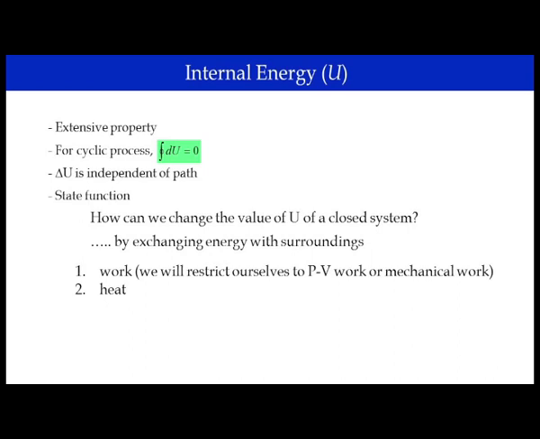Work could be of different types, but in this unit we will be restricting ourselves only to the pressure volume work, which is also called expansion work or mechanical work. So, basically we now know that internal energy can be altered in a closed system by work or by heat exchange between system and surroundings.